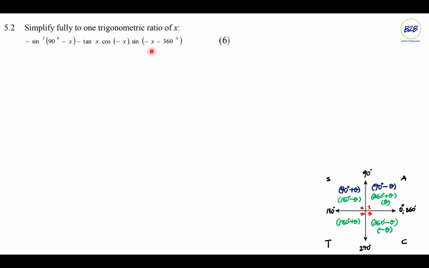However, minus x minus 360 degrees is not part of the normal formulae that we have. And that's a problem. So part of this question is to restructure this thing, minus x minus 360 degrees, and handle it such that we can make it the same as one of those in the reduction in the CAST diagram.